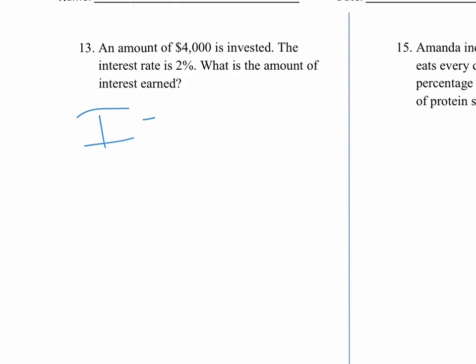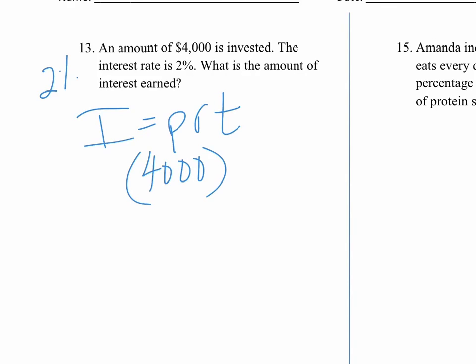I equal P R T, principal being the $4,000, multiplied by the 2%. 2% as a decimal, move it twice, would be 2 hundredths. It says an amount of $4,000 is invested and the interest rate is 2%. What is the amount of interest earned?